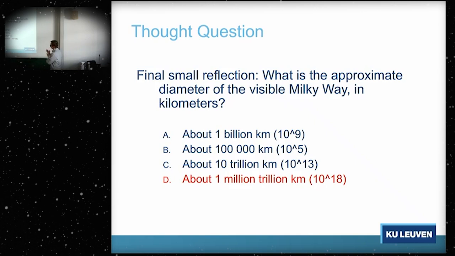This is just to remind you again that it is useful. This is the visible disk. Then the dark halo, in that sense, would be 10 times larger than this. And this is a number, I've done this for many years now, but to me it's impossible to get used to just how vast the scales are that we're talking about. And now we're just talking about the galaxy itself.